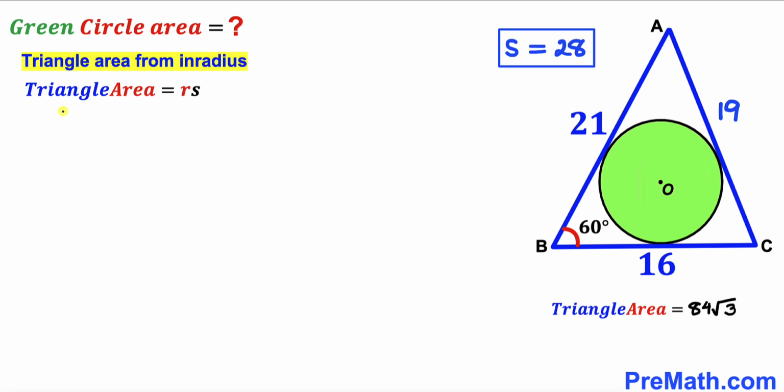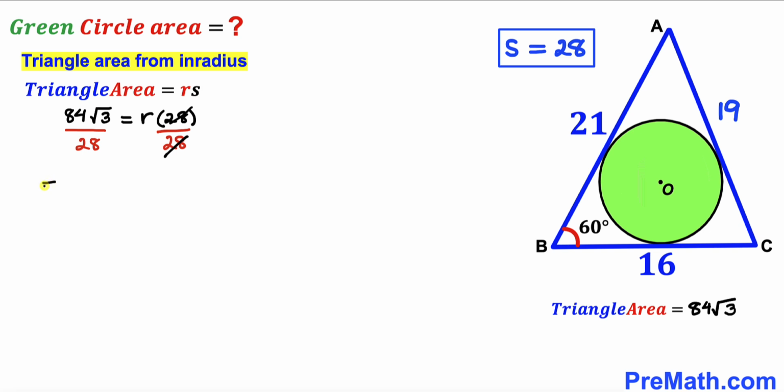So our triangle area, which we already figured out as 84 times square root of 3, equals our radius lowercase r times our s value, 28. Now I am going to divide both sides by 28 to isolate radius r. This 28 and 28 is gone.